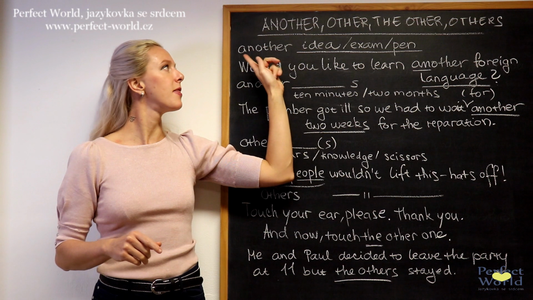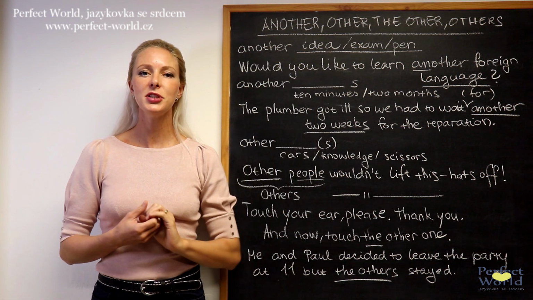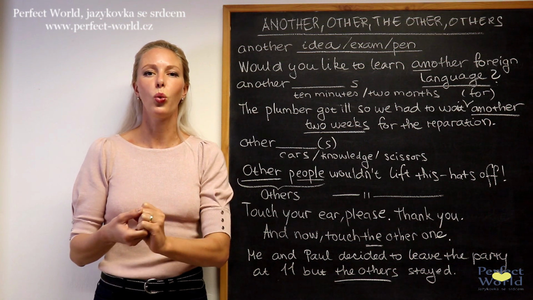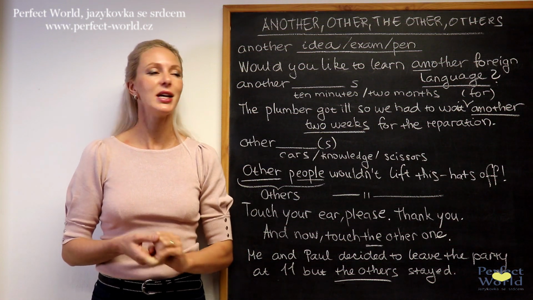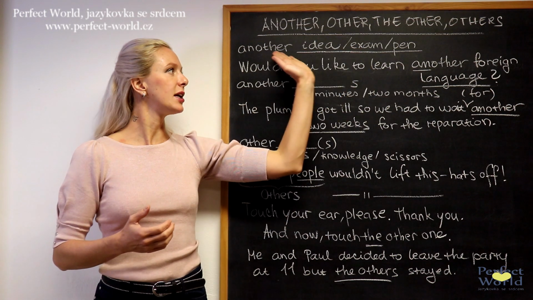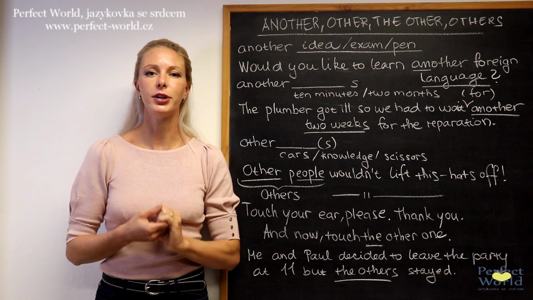The point is, this is an article. It means that later on we might use only a singular noun, not a plural one, not an uncountable one. So I could say another idea, another exam, another pen. Nothing plural, just a singular noun.